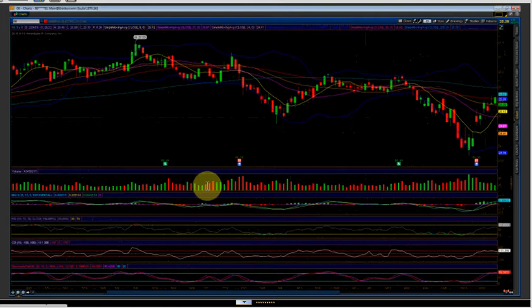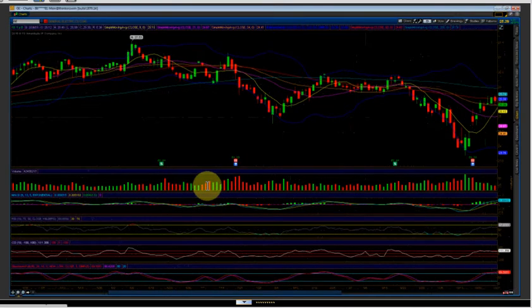Okay, well, it broke that line. Maybe I'll buy it here and I'll sell it at this blue line. Oh, crap. It went back under my red line. So I'm going to stop out of it, and I now hate this stock. Why do I hate this stock? Because it made me have one losing trade.